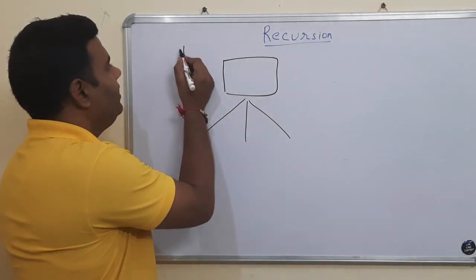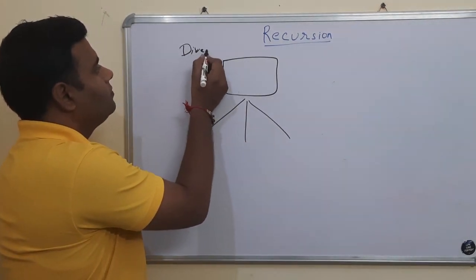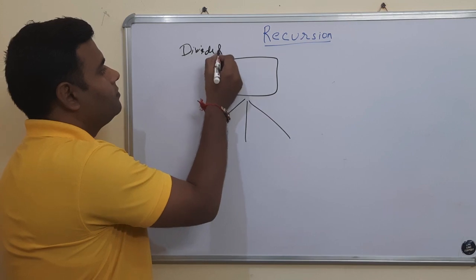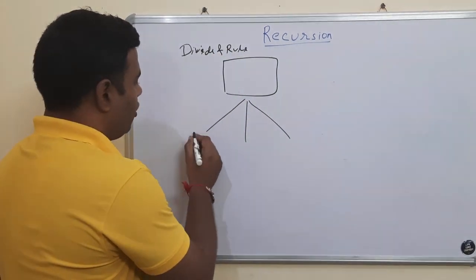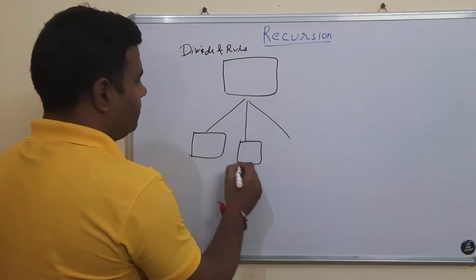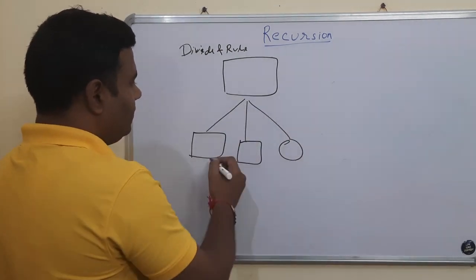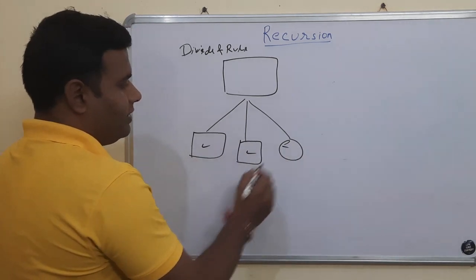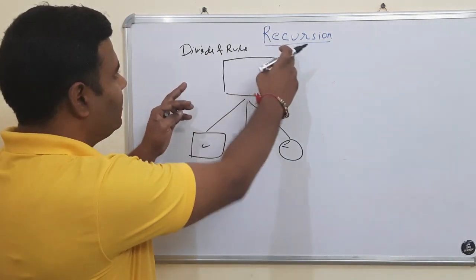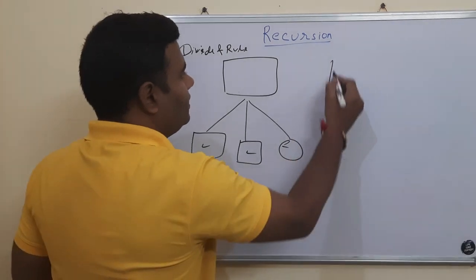In basic divide and rule, we can divide the problem into the smaller problems, but their nature can be different, right? These are the different problems. But in case of recursion, what happens?